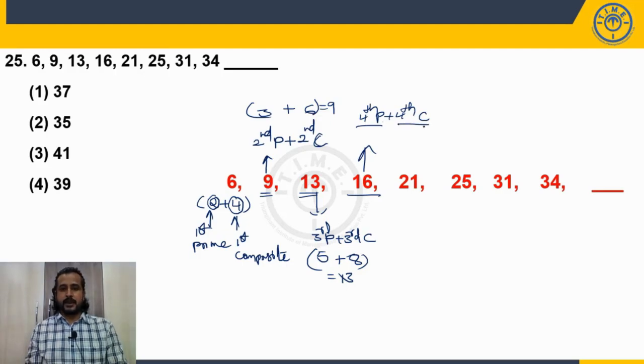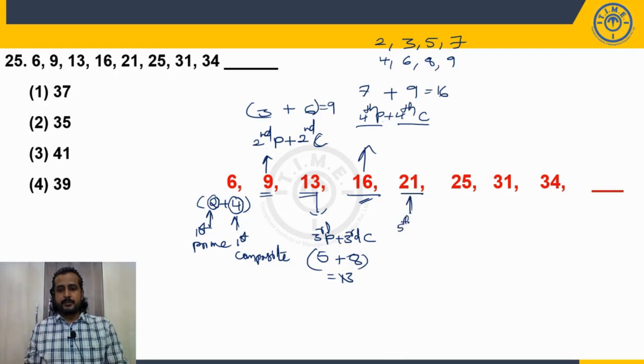Here P stands for prime, C stands for composite. 2, 3, 5 are taken, now it is 7. Now the fourth composite: I have taken 4, 6, 8, so next will be 9. So 7 plus 9 is 16. Perfectly matching.